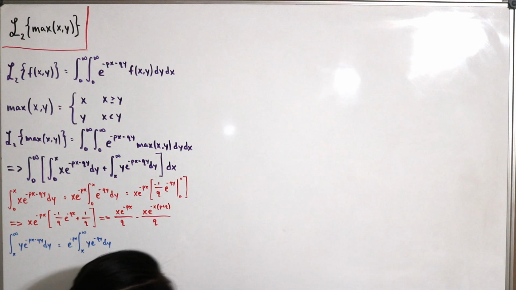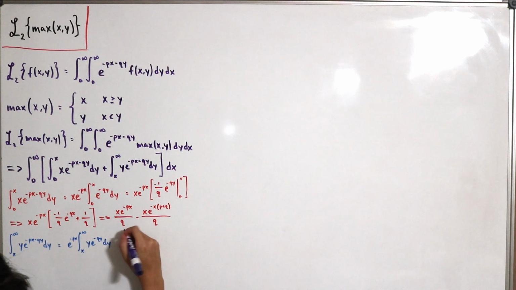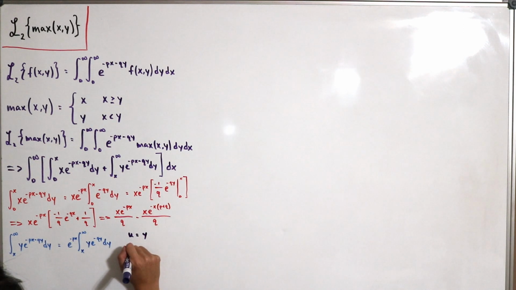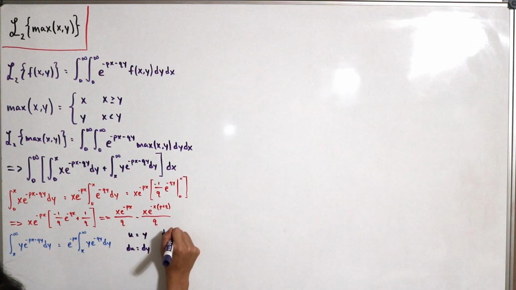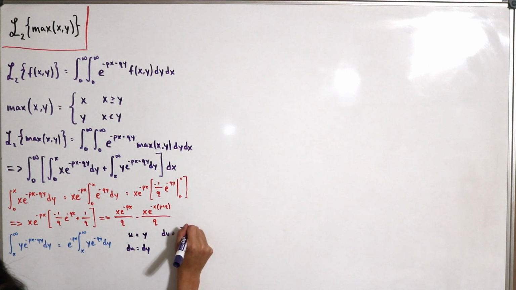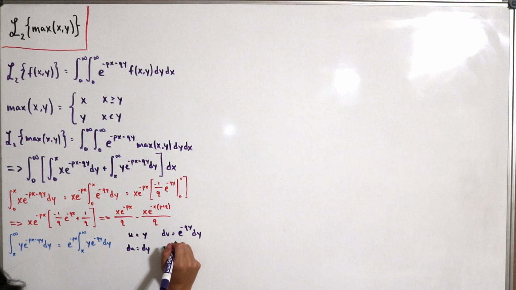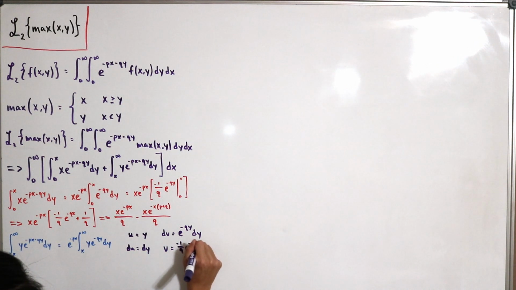So what I can do is let u equal y. Differentiating both sides, du is equal to dy. And over here, I'll let dv equal e to the negative qy dy. We integrate that, and v is equal to -1 divided by q times e to the negative q times y.